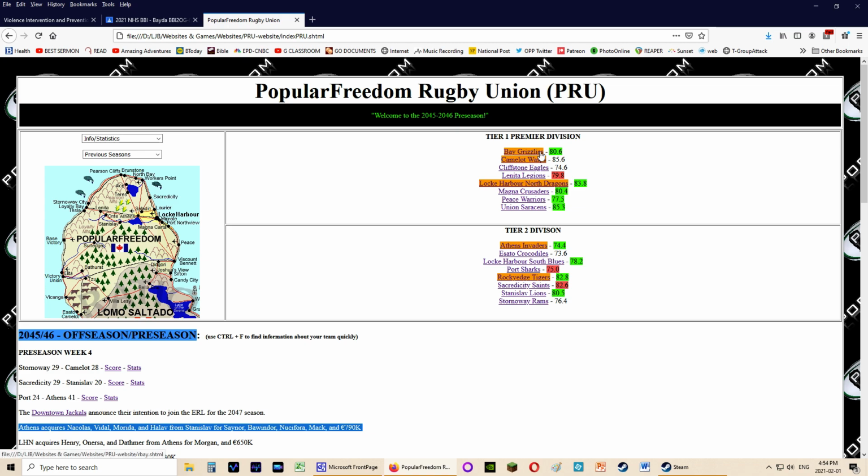But we're going to click on the teams. Now, any team in orange is a team that has already been chosen by someone else, and you cannot choose. So please realize that. We're going to look at Bay Grizzlies, though, to start off with. Okay, and you might ask me, by the way, what does this number here mean? That's an indicator of their overall strength.